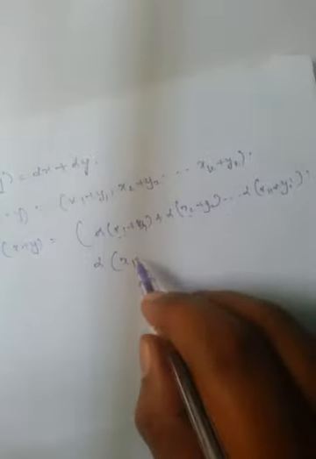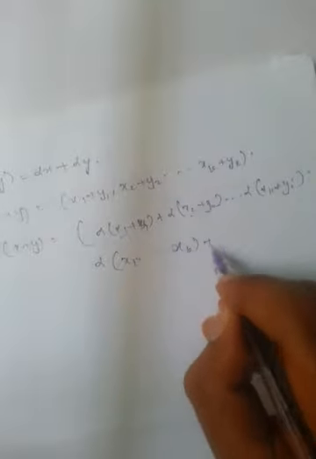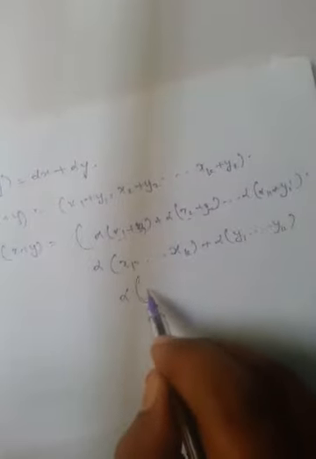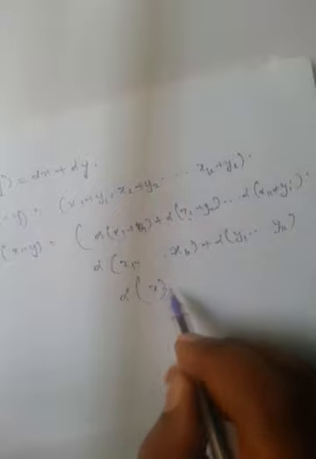So we get alpha x1, and so on up to alpha xk, separating these, plus alpha y1 up to alpha yk. From this we get alpha x plus alpha y, just replacing, since we have to prove this condition.